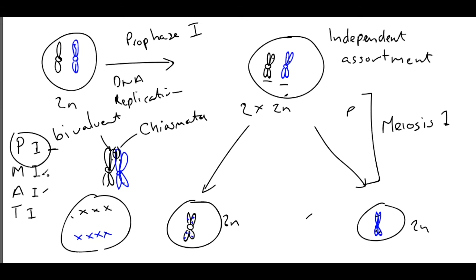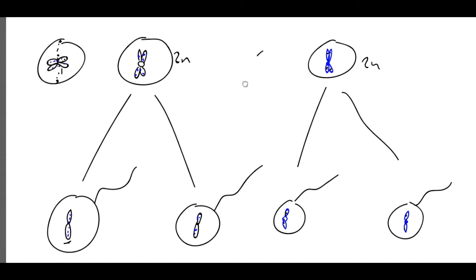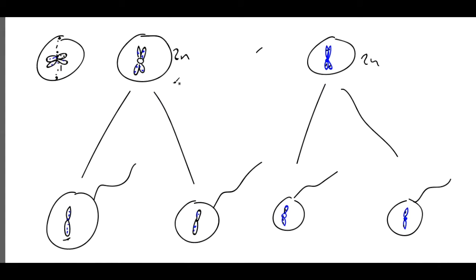It then goes through metaphase 1, where the chromosomes align along the centre, but they align along the centre in their pairs like that. Then anaphase 1 pulls them apart, telophase 1 splits the cell, and we end up with two cells with different sets of genes now. That's random. Then them two cells go through another cell division known as meiosis II, and that includes prophase 2, metaphase 2, anaphase 2, telophase 2.